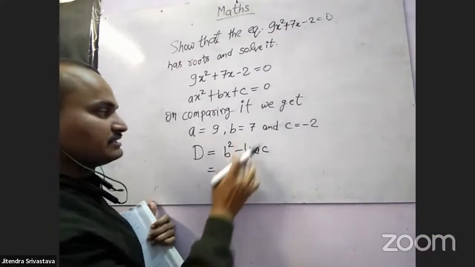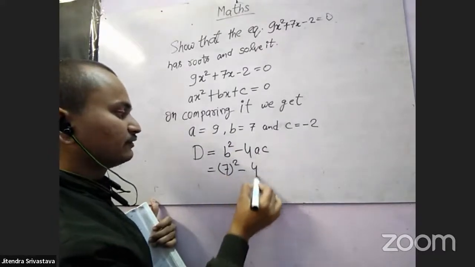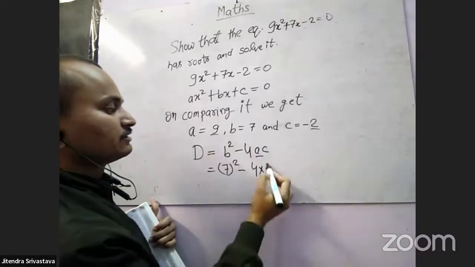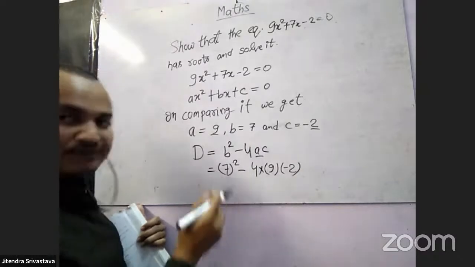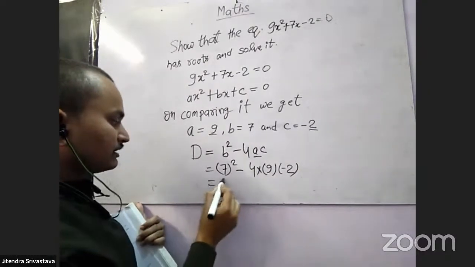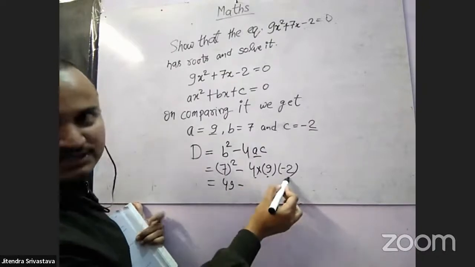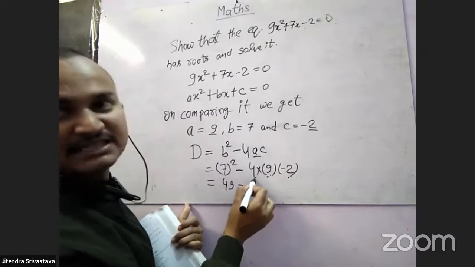The value of b is 7, so we will put 7 here. It will become 7 squared minus 4 into a is 9 and c is minus 2. Now we will multiply it. It will become 49 minus 4 times 9 times minus 2. 9 times 2 is 18, 18 times 4 is 72.